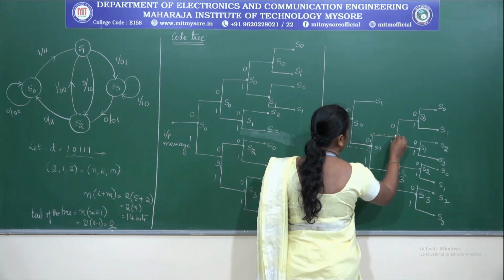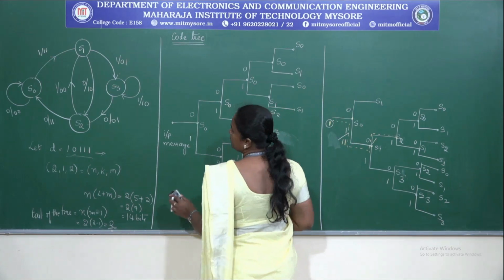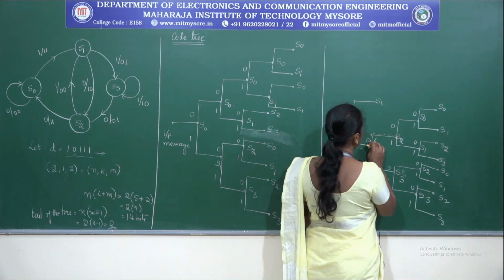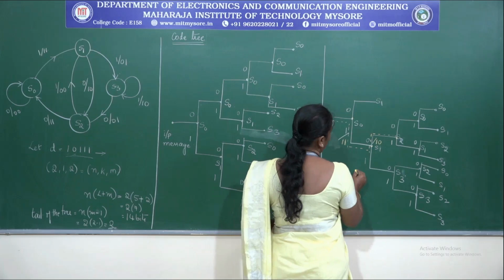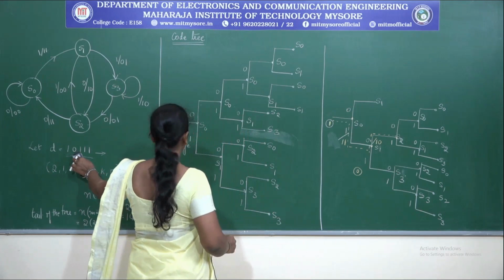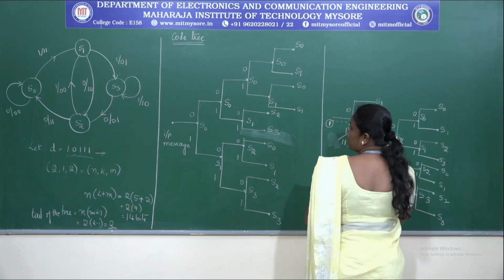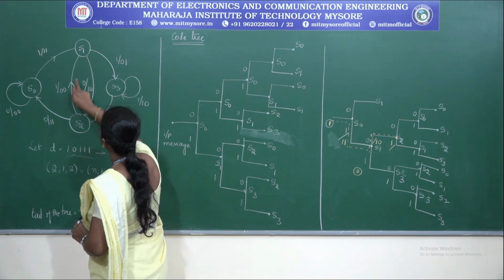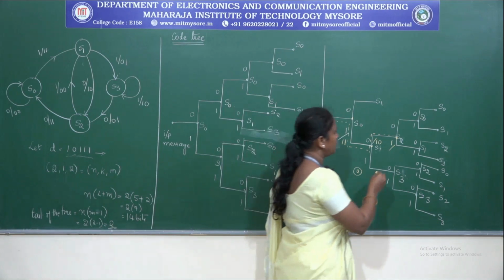So it moves to the state S2 here. So with S1 with input 0, what is the output? The output is 1, 0. Okay. So this is for the input 0. Next. So again we have the input 1. So from S2, if the input is 1, it makes a transition to S1. What is its output? It is 0, 0.